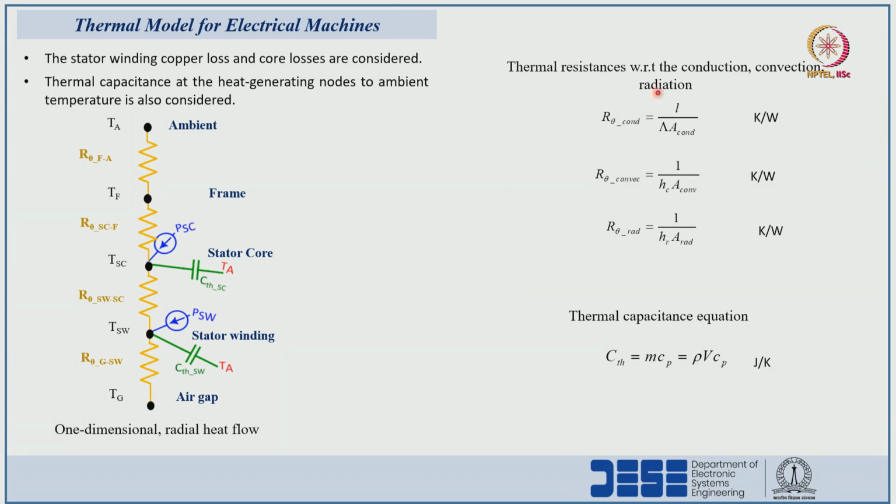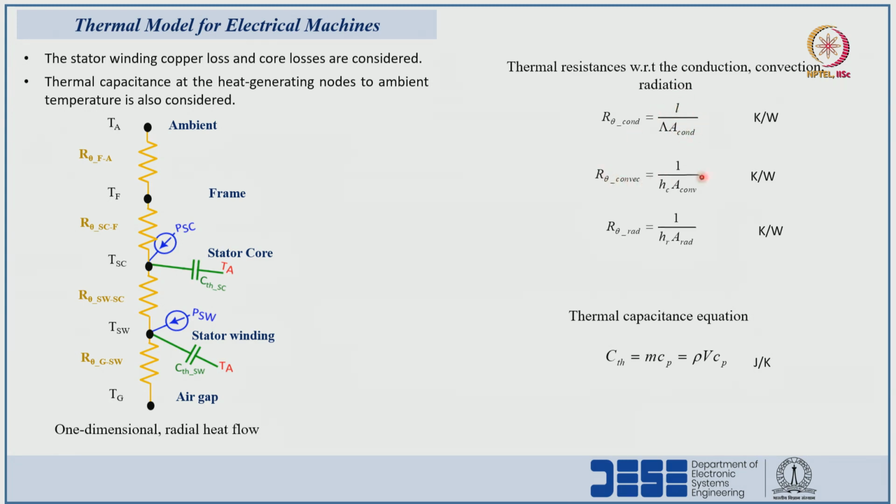In order to calculate the thermal resistances at the various nodes and for various heat flow mechanisms, for conduction it will be this equation: R theta conduction is equal to L divided by thermal conductivity times area with respect to the heat flow, where L represents the thickness.